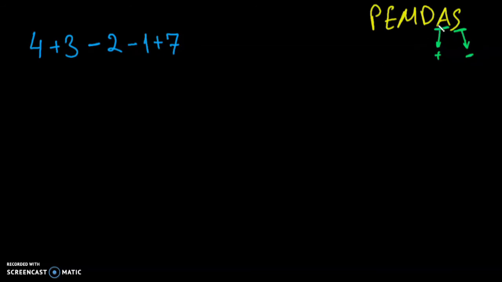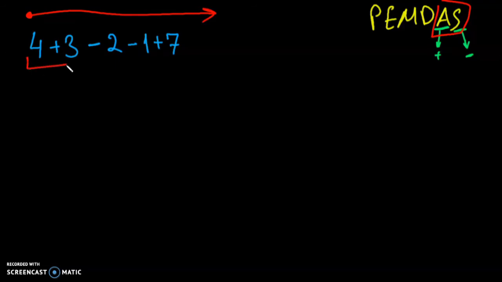I know that addition, the A comes before the S, but these two work together. So in this case, where you get all pluses and minuses, all you do is go from left to right. Work your way from left to right.